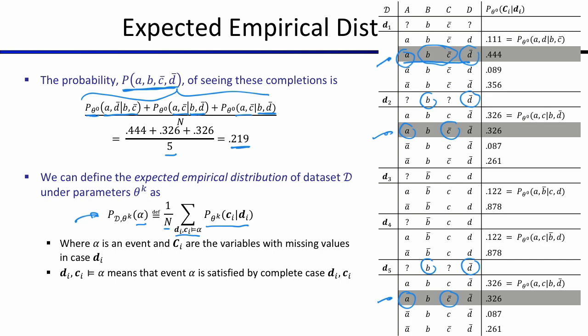So this equation here is basically the same thing that we computed here. So remember that we have to do this for different alphas. So we're going to have an exponential number of alphas. So that is not very efficient from the computational perspective, but we're going to see that we can jump this step and go directly from parameters in one iteration to the parameters in the next iteration.